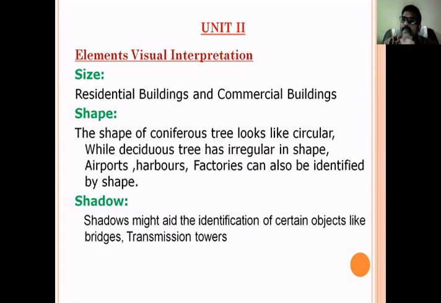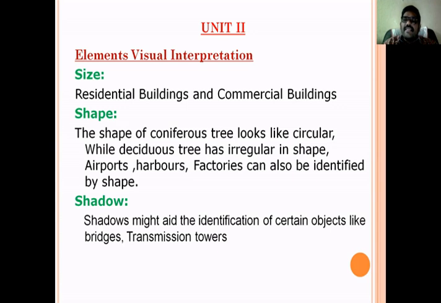How does it happen? Even if you have not seen him or spotted him, because of his voice you are able to interpret who is coming.